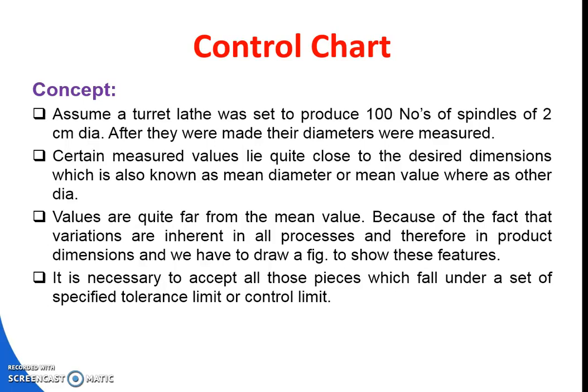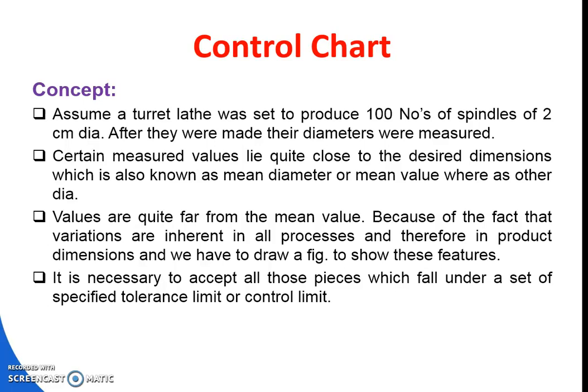If the accuracy of the product is to be checked, then the maximum limit will be 40.002, and another is 39.98, which is the other control limit, the lower limit for the dimension. So if the diameter of the product lies between the maximum limit and minimum limit, then the product is called acceptable.